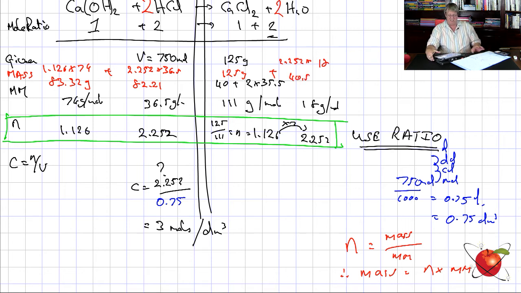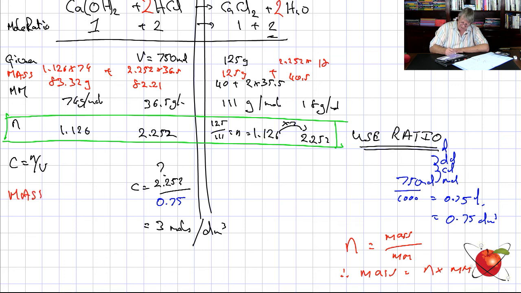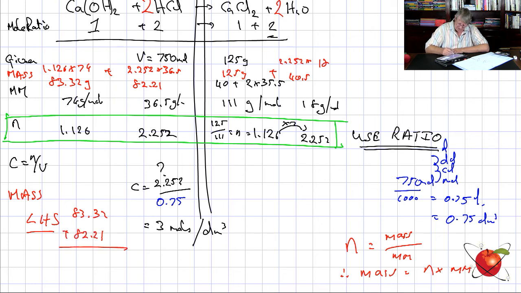So therefore, left-hand side, right-hand side. What is the mass on the left-hand side? It is 83.32 plus 82.21. Add them up, it gives 165.5. I'm just ignoring the second decimal there.